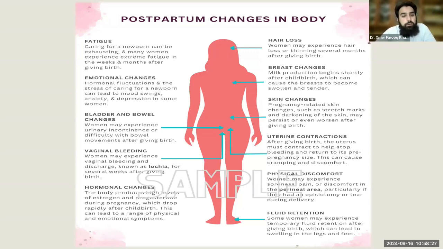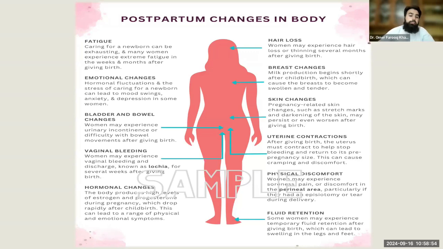Bladder and bowel changes can occur. Women may experience urinary incontinence or difficulty with bowel movements after giving birth. The vaginal bleeding will be there. All of the hormonal changes will be there. All of the hormones which were high during the 9th month of gestation will suddenly start dropping in the bloodstream, and they drop rapidly after childbirth.